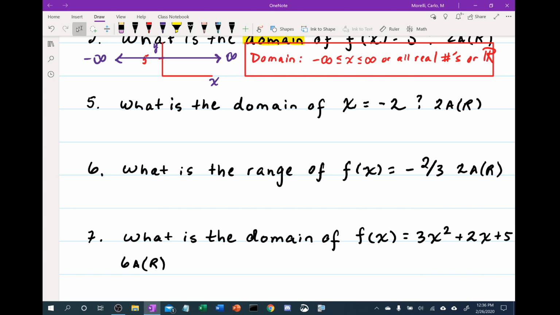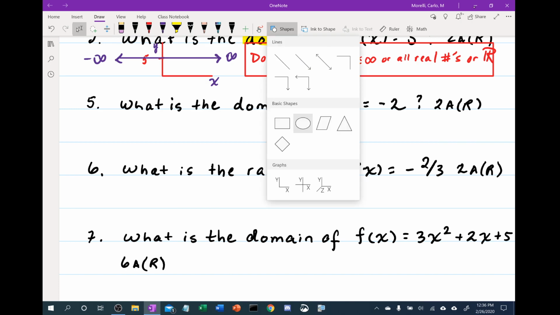It's just x. X equals -2. What does that look like? That's exactly right. It's a perfectly vertical line, going straight up and down through -2 on the x-axis. So here's a little picture of it.